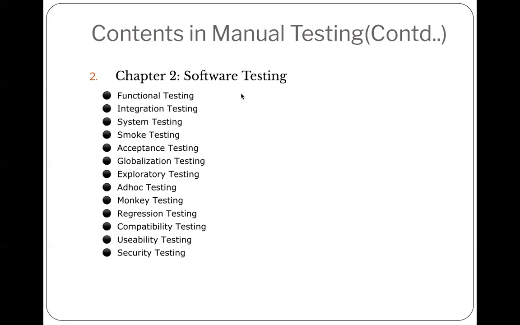The first is functional testing. Functional testing is testing the functionality of the application. For example, on a registration page, while trying to enter the first name it is not taking the input, and while clicking submit, the submit button is disabled, so it is not functional.